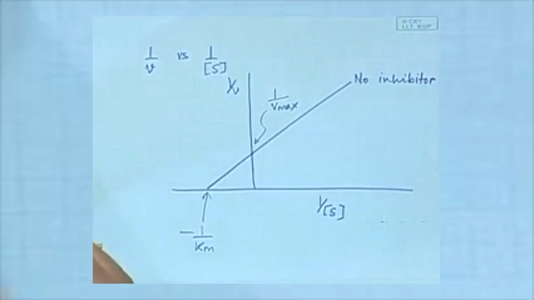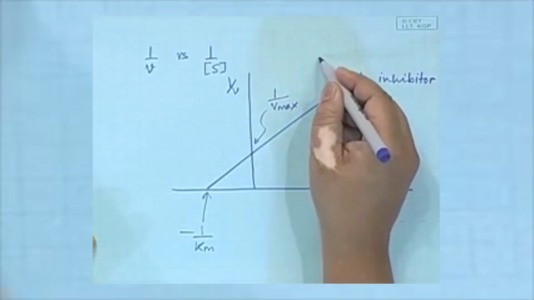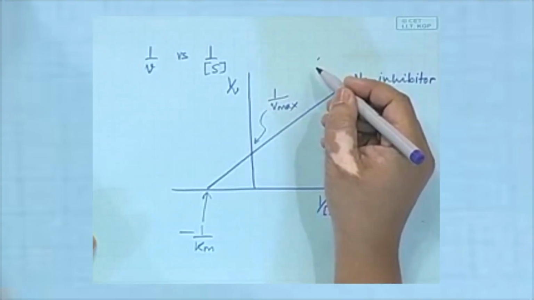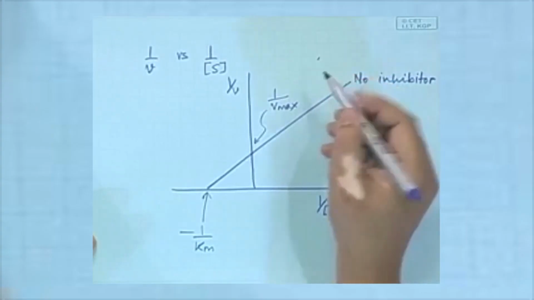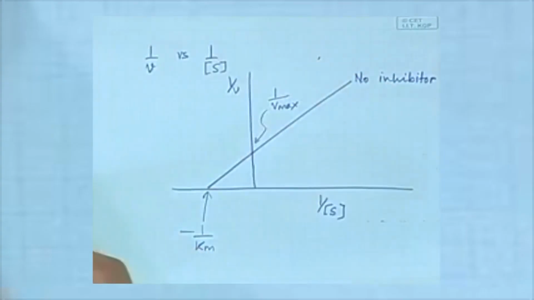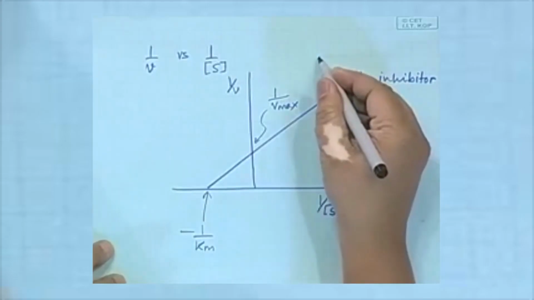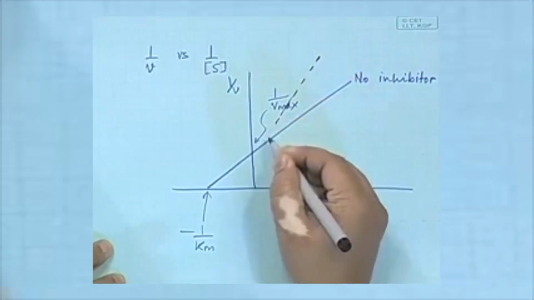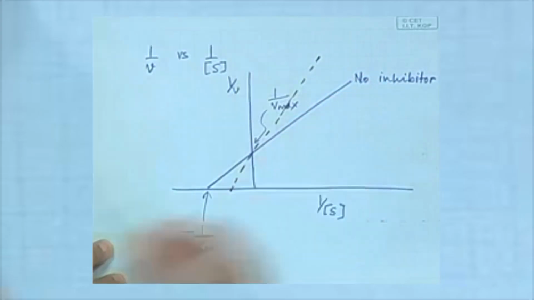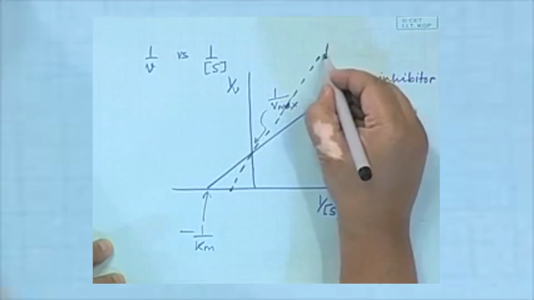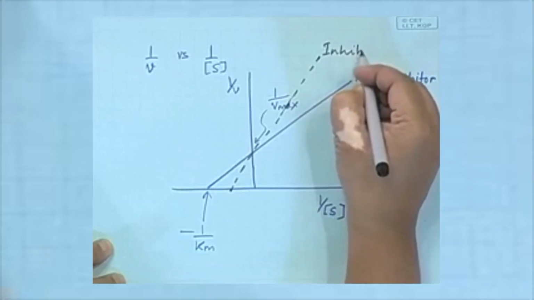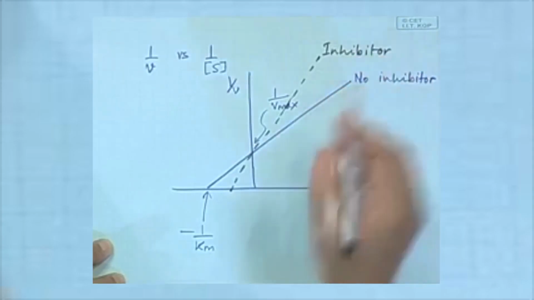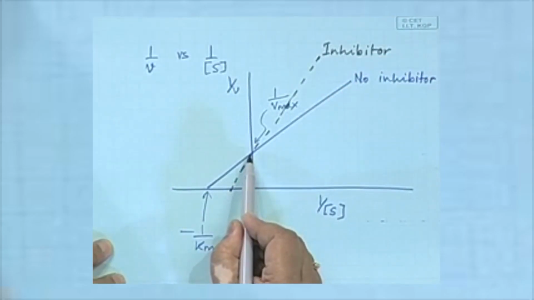Now tell me, the slope will? The slope increases, but the Vmax is the same. So let's use it. Right? So I have inhibitor now. I have the same Vmax.